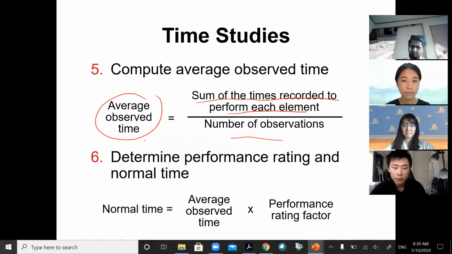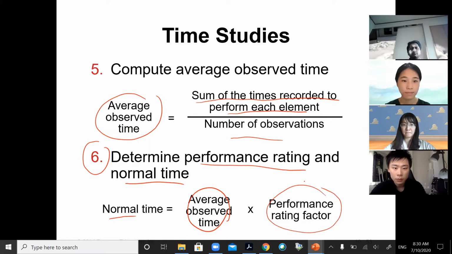Then you determine the performance rating and normal time, which is average observed time multiplied by the performance rating factor. So performance rating factor depends on how fast the person doing the job is performing the work.